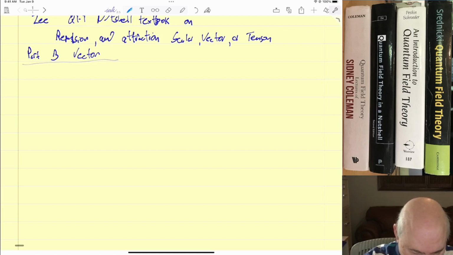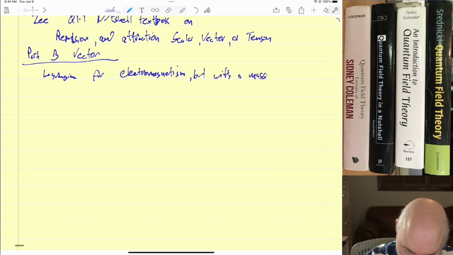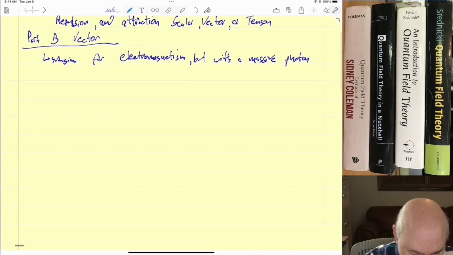Let's start with the Lagrangian for electromagnetism, but with a massive photon, and avoid gauge invariance issues.